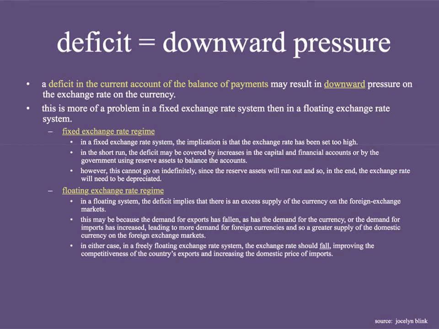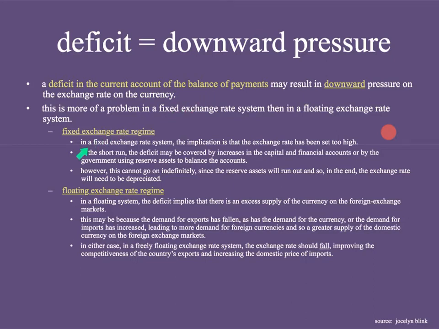Here's why. In a fixed system, the implication is the exchange rate has been set too high. Remember, fixed means it's pegged. That's the exchange rate tied to another currency. So in the short run, the deficit may be covered by increases in the capital and financial accounts, because the financial account, remember, is going to balance out the current account to end up being zero in order for there to be a balance of payments.